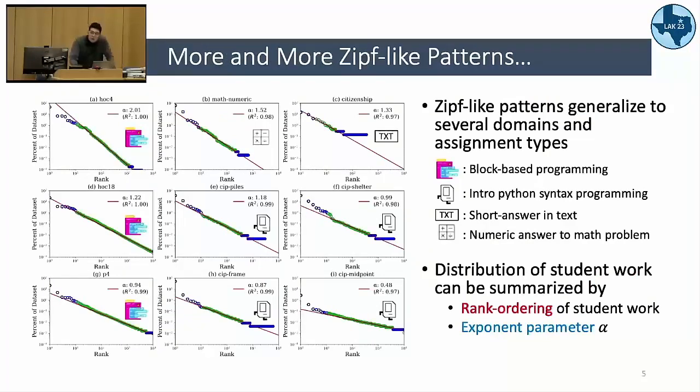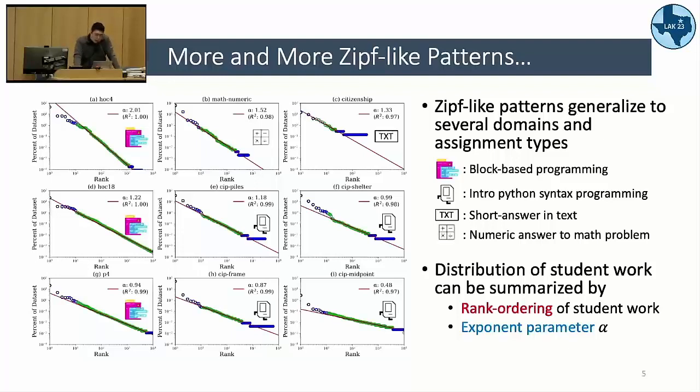What's even more interesting is that we found that this Zipf-like pattern generalizes to several other domains and assignment types. This is what we saw when we analyzed large bodies of student responses, where we had enough responses to actually see a frequency pattern.